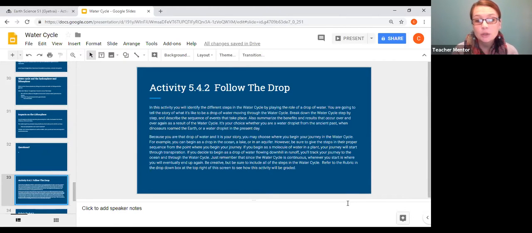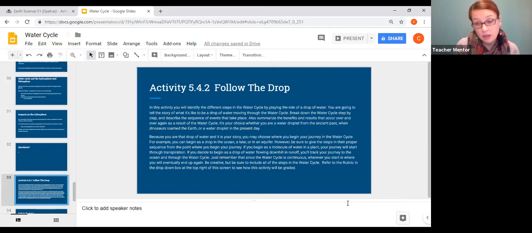Also, sometimes when students see these instructions, they get caught up with being creative. Well, some of us really aren't creative, and that's perfectly okay, because the importance of this activity is to be able to explain the steps of the water cycle. I think it's more interesting as a teacher to read a story about a droplet of water.